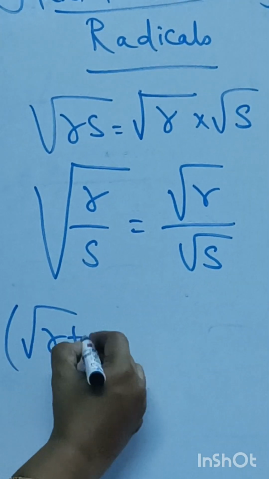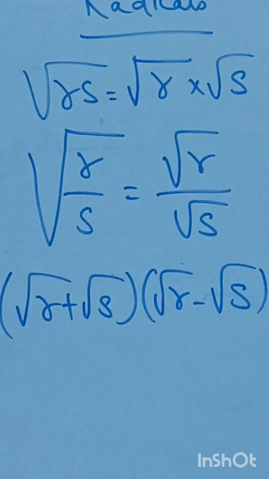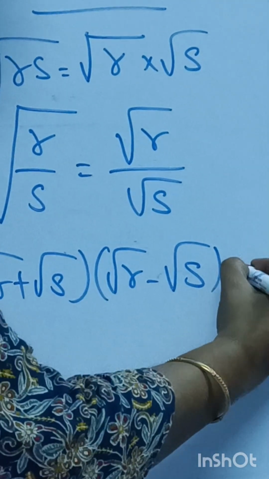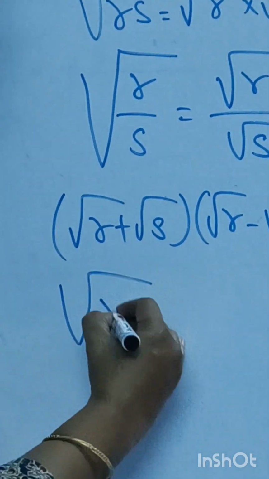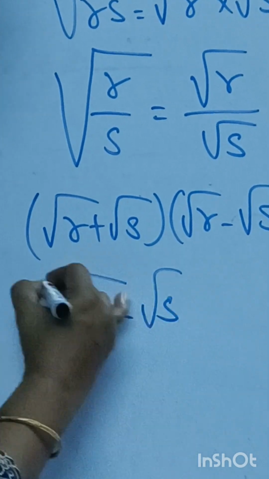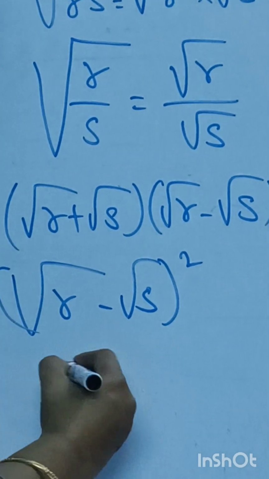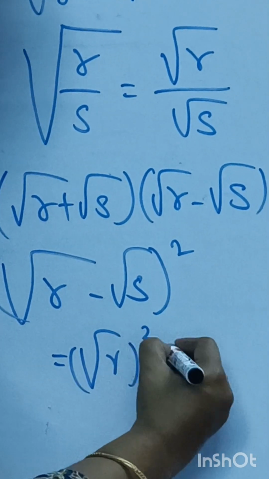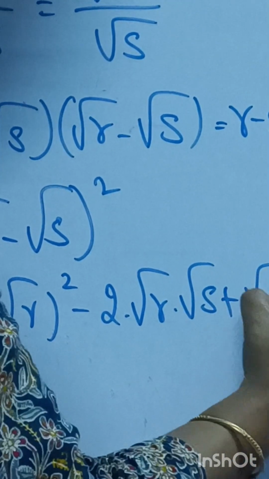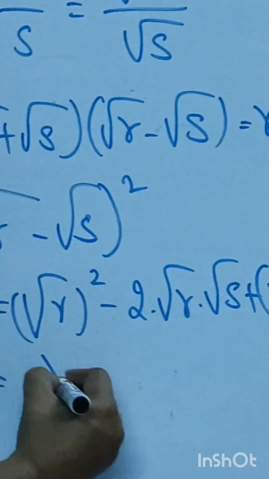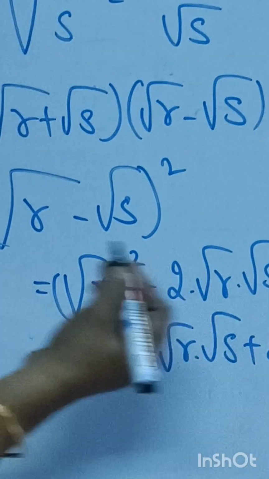Root of r plus root of s into root of r minus root of s is equivalent to r minus s. Root of r minus root of s the whole square, you have to use the algebraic identity. That is root of r the whole square minus 2 into root of r into root of s plus root of s the whole square, which is equivalent to r minus 2 root of r into root of s plus s.